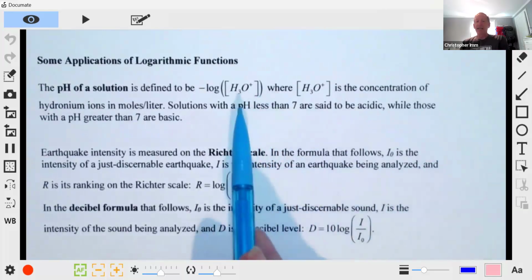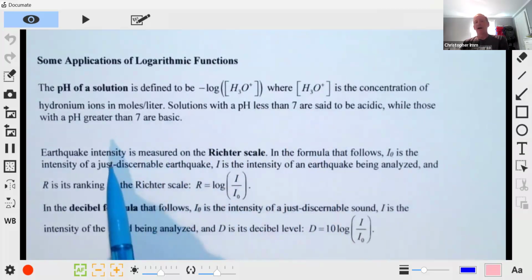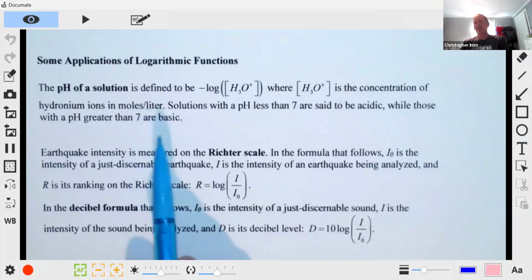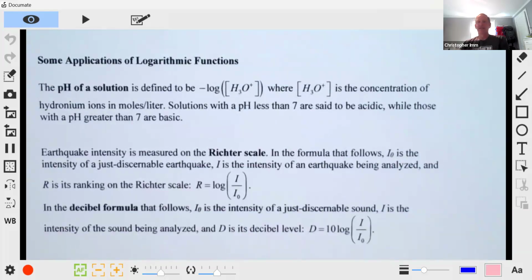We can actually use our calculator to go ahead and compute that. And you can compute that solutions with pH less than 7 are said to be acidic, while those with pH greater than 7 are basic. So when you're thinking about making solutions, making your garden be a little more or less acidic, thinking about things that you're eating, you can think about the pH, and we can solve that by using logs.